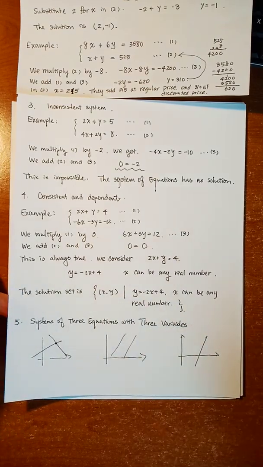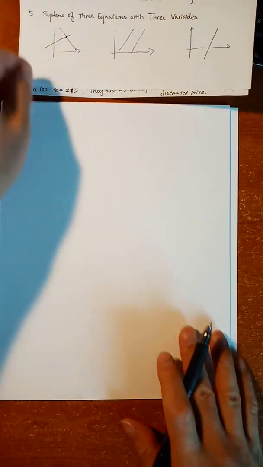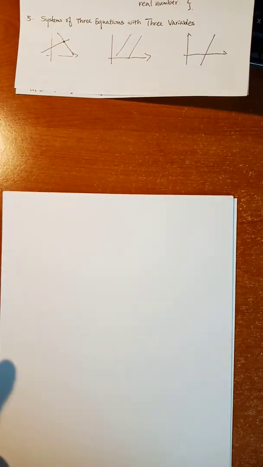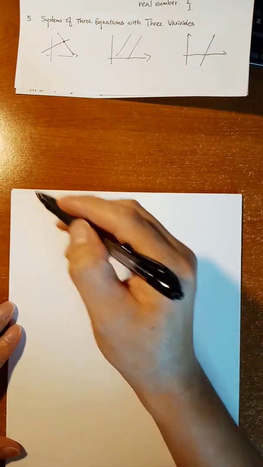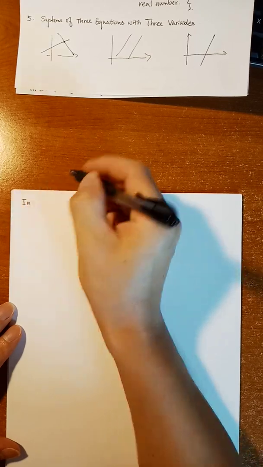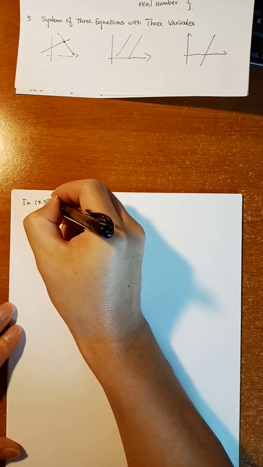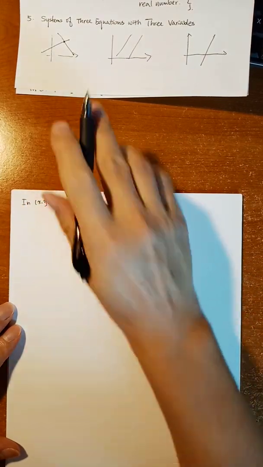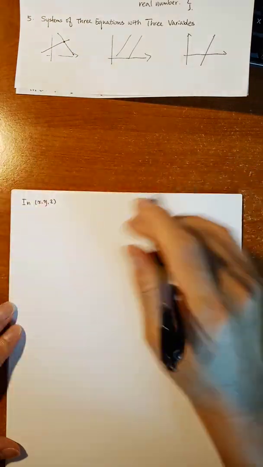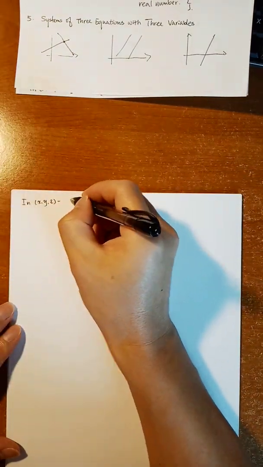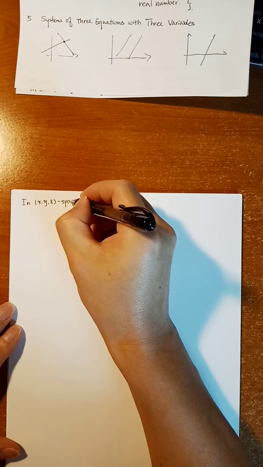The situation will be a little bit more complex if we talk about 3 equations, 3 variables. So in 3 equations, we will have x, y, z.